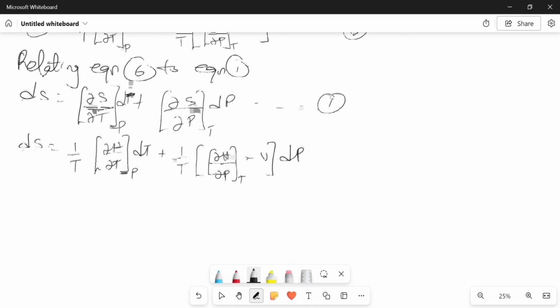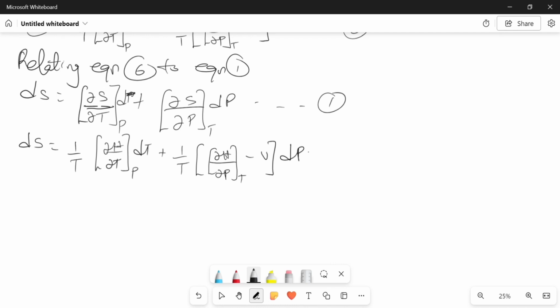So this is what we have gotten. Now from this we can start relating some things together. Since we can see ds here, they belong to the same family, and dp here, they also belong to the same family. This particular equation 1 is equal to this particular equation 6, so I can relate both together.